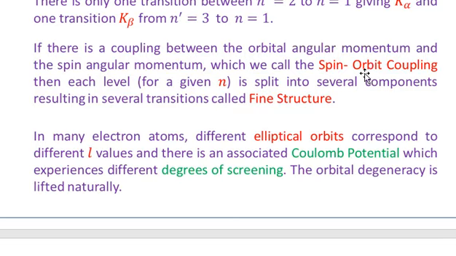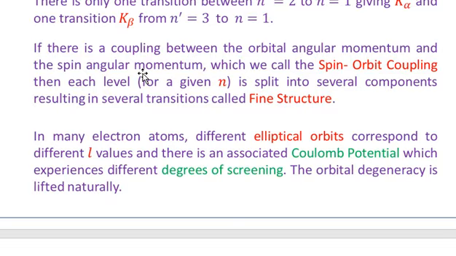But let me explain here very briefly that in the fine structure, there is a coupling between two quantities, orbital angular momentum and spin angular momentum. Or more precisely, you can say that the coupling between orbital magnetic moment and the spin magnetic moment.